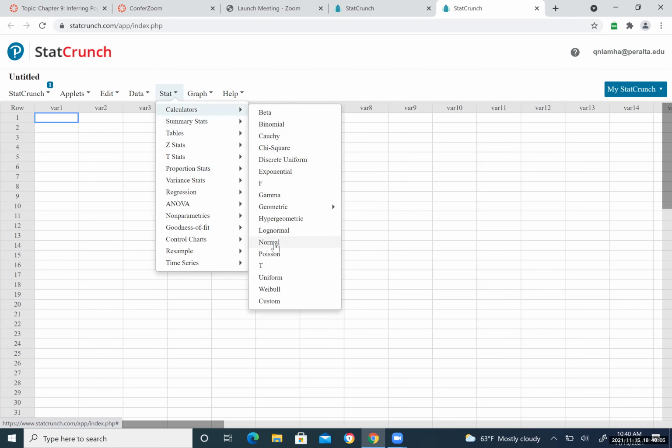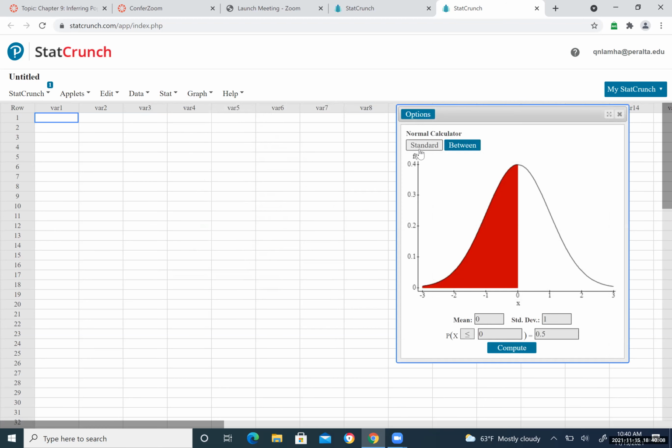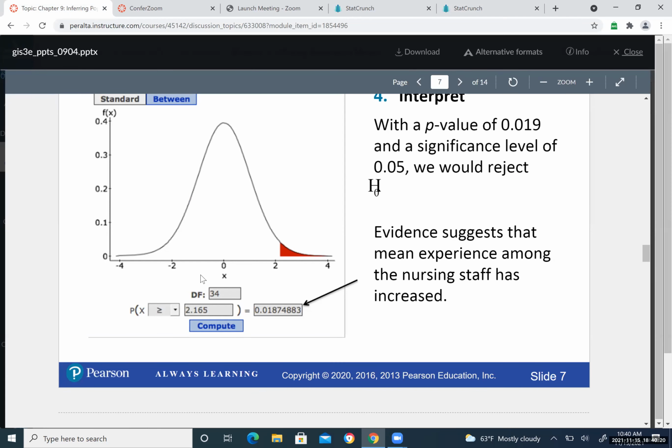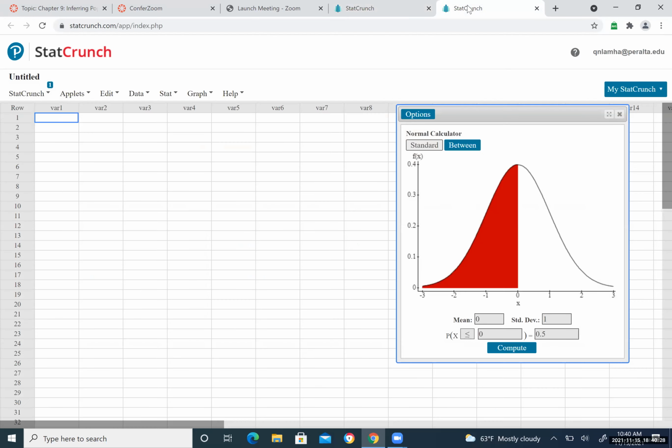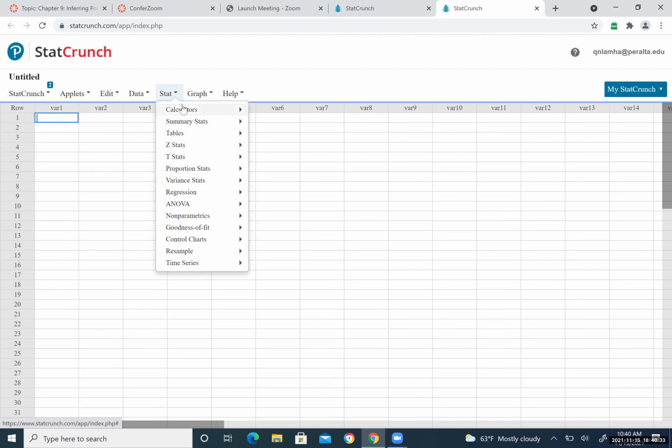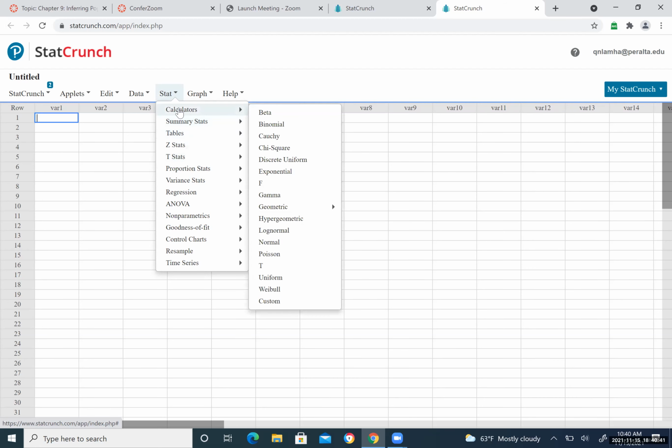You go to Normal, standard, mean. Okay, hold on. Let me go back a bit. Degree of freedom. Let's see. Go to Stat, T stat, not one sample. Summary stat, let me see.